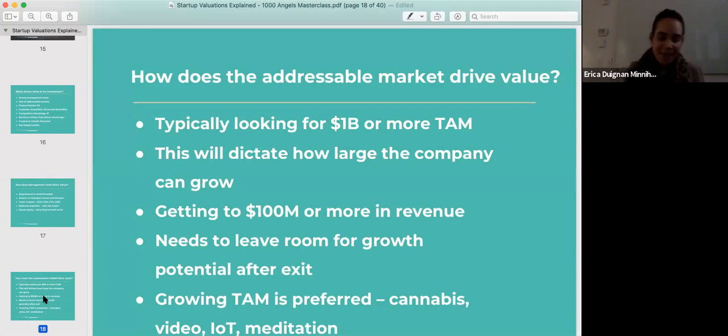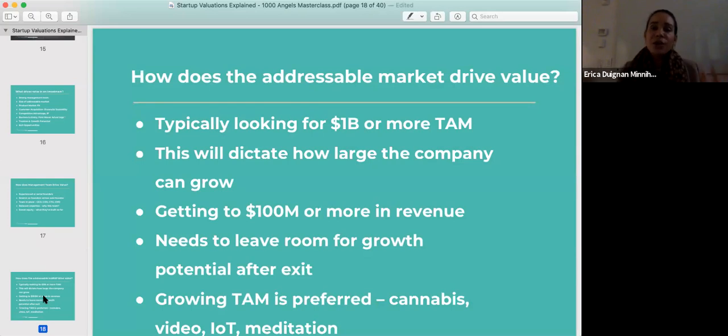If the exit is happening to another corporation, the corporation is buying the company because they feel they can acquire it, and through their unique distribution channels or different cost structure or whatever, they can create tremendous growth. Or if a private equity firm purchases a company and puts it into a roll-up, they are doing it because they think there's growth potential.